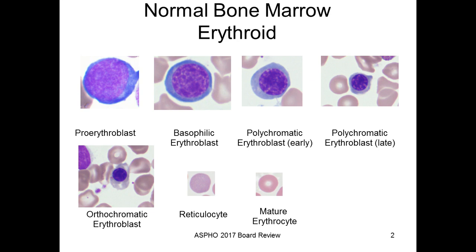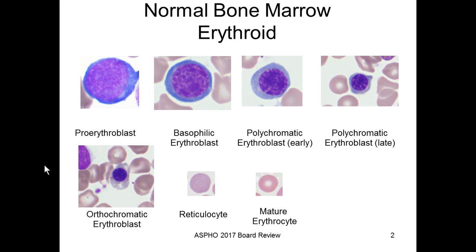At this stage, the cytoplasm starts to become a little less blue, and that's because of the production of hemoglobin. And then as we progress into the orthochromatic erythroblast, the nucleus is very, very tightly condensed. You can't really see any individual nuclear features. And if we look at the cytoplasm, the hue of the cytoplasm is starting to resemble that of the surrounding red blood cells because it's becoming hemoglobinized.